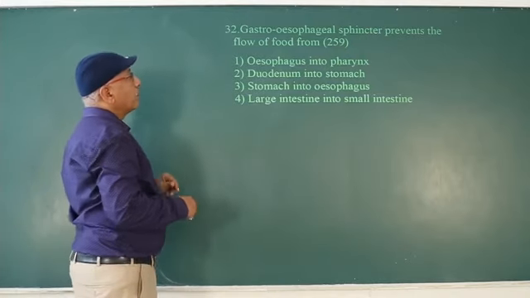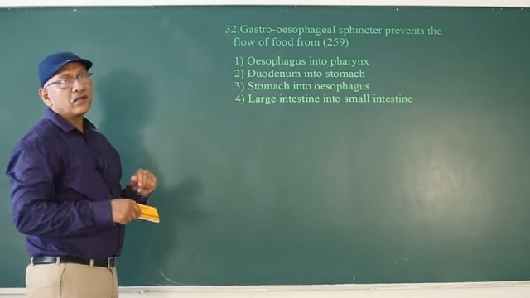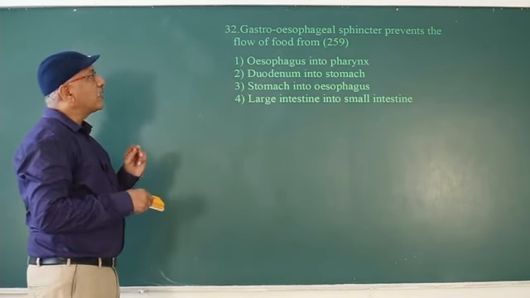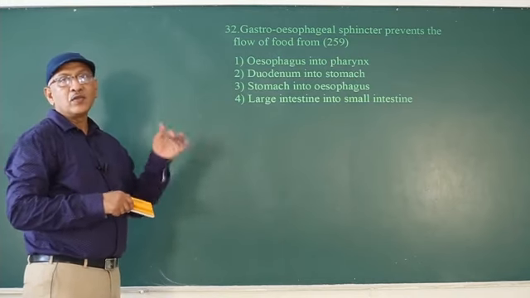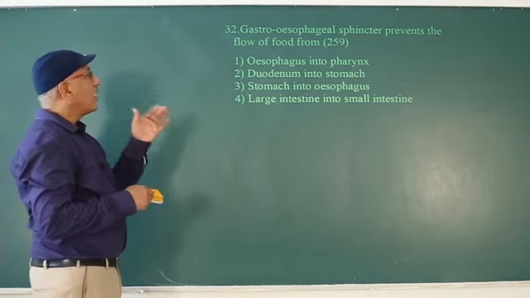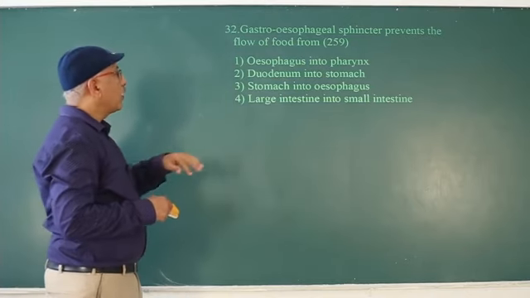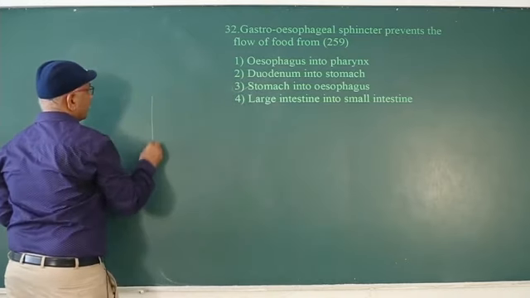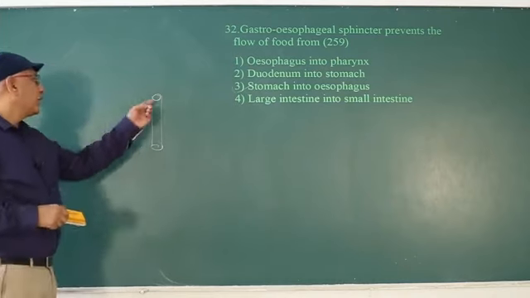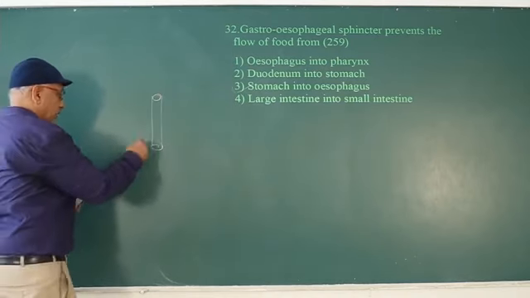Gastroesophageal sphincter prevents the flow of food from the stomach. This sphincter is present between the esophagus and stomach. That is the lower esophageal sphincter or cardiac sphincter. It prevents flow of food from stomach into esophagus. Upper esophageal sphincter, lower esophageal sphincter.